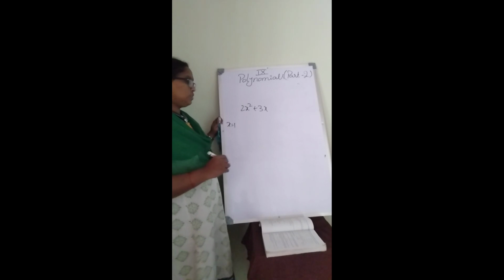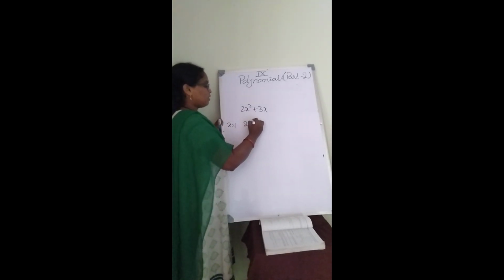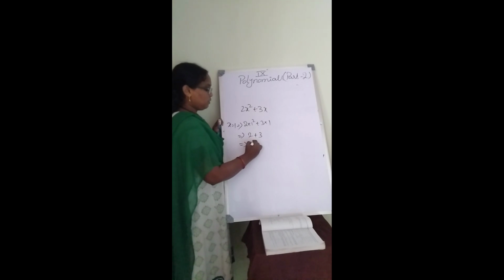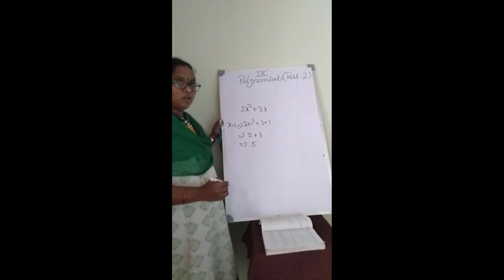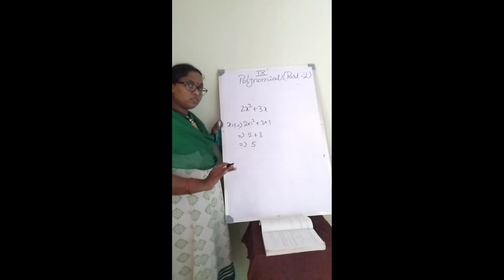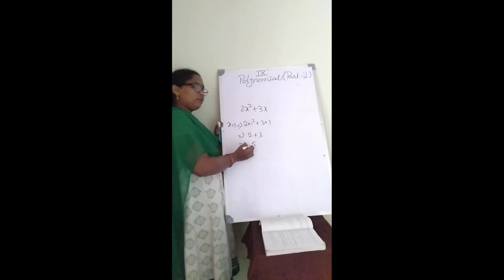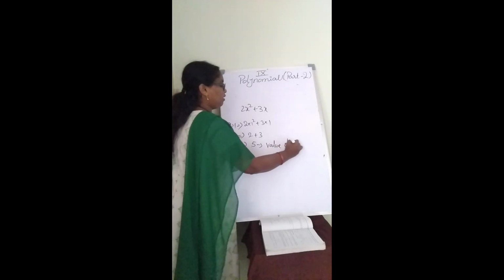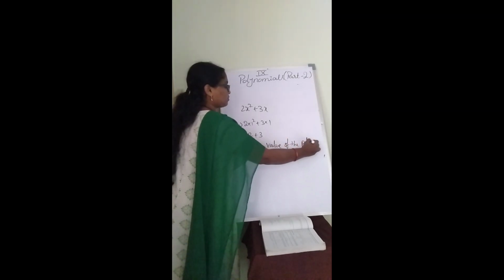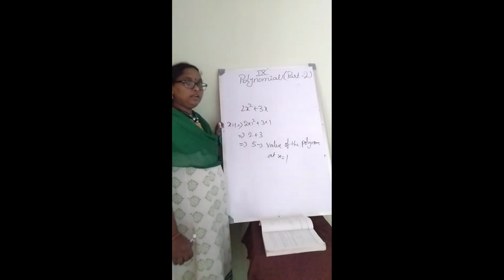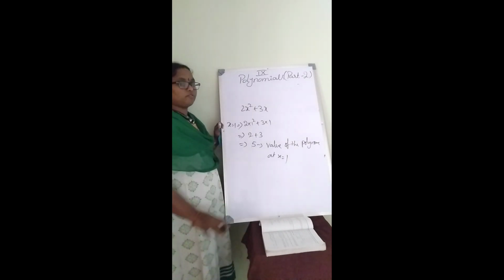Then 2 into 1 square plus 3 into 1 is 2 plus 3, which is 5. For x value 1, the value is not 0. So this 5 is called the value of the polynomial at x equal to 1. This is only what we have to say.